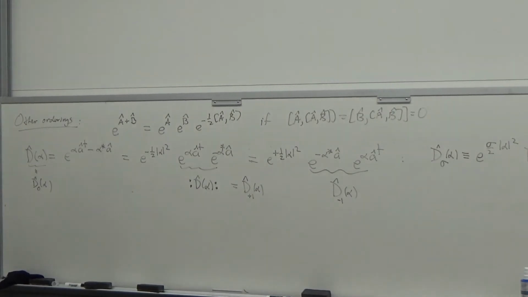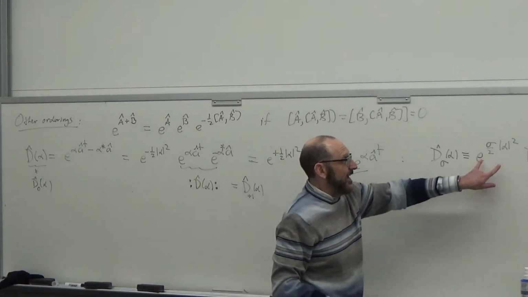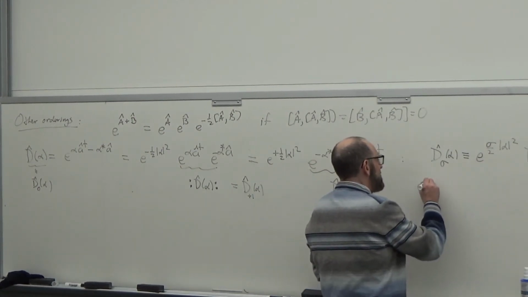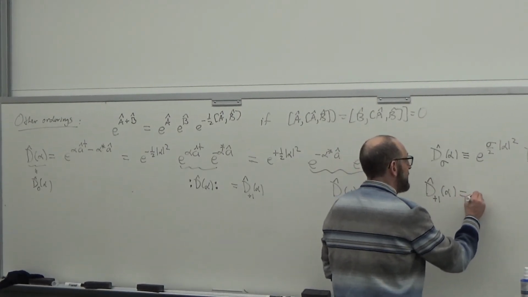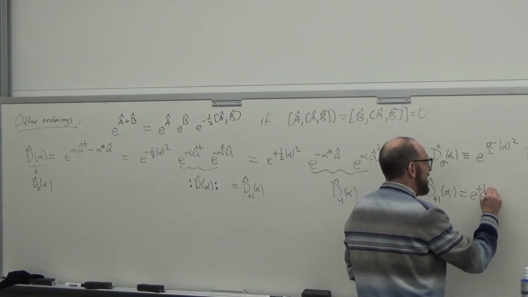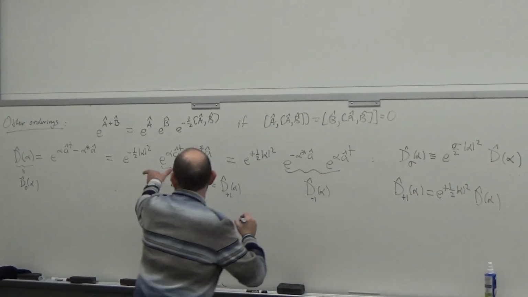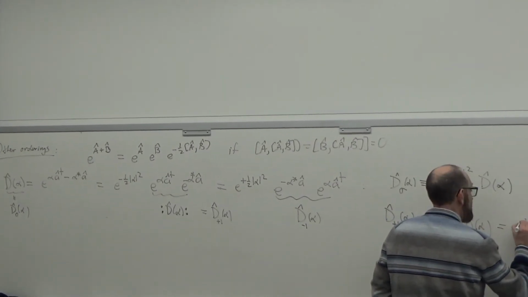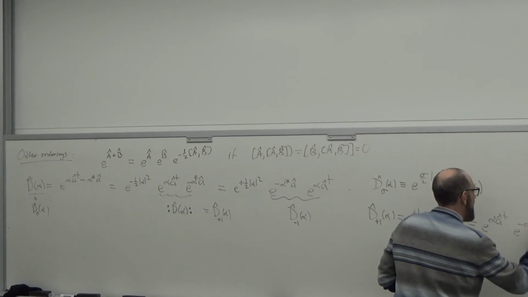When I write D plus 1, that means D plus 1 of alpha is e to the plus 1/2 alpha squared D. But if I plug that in, I get yay!